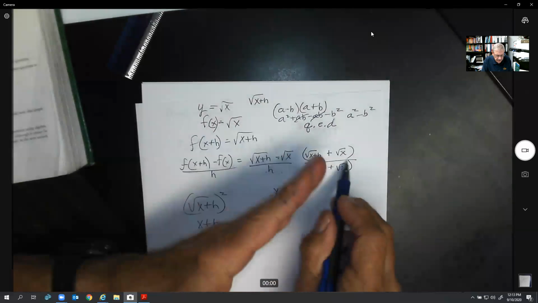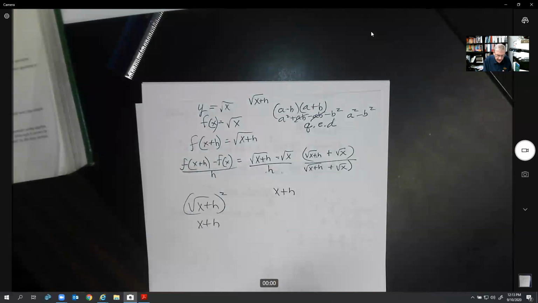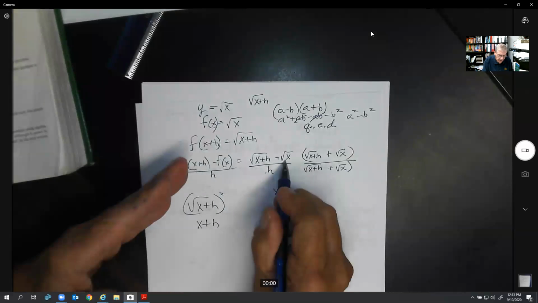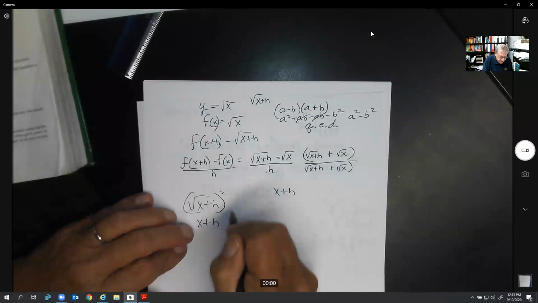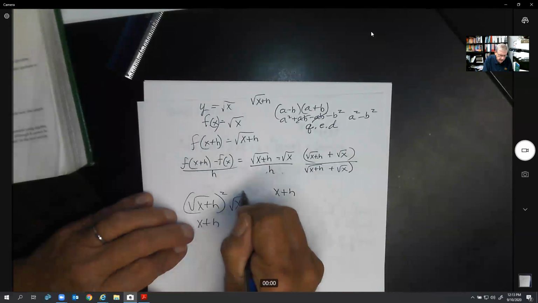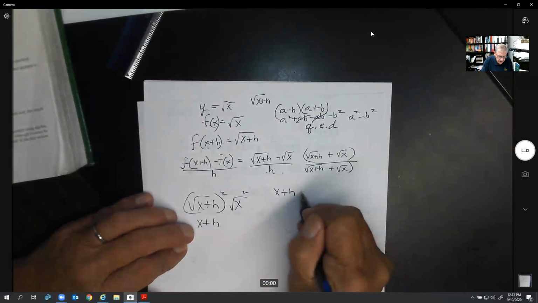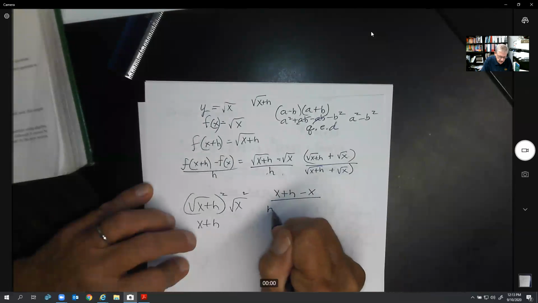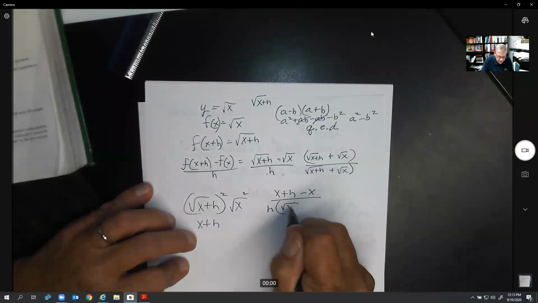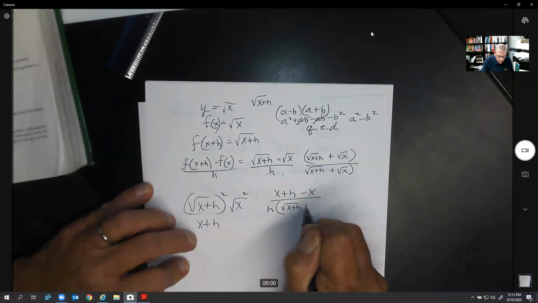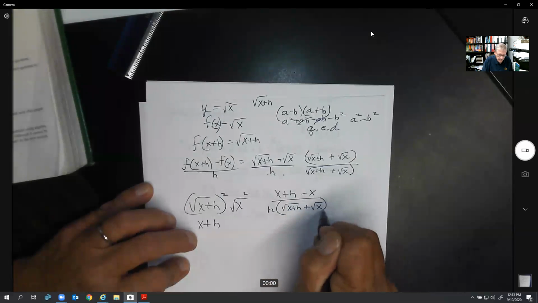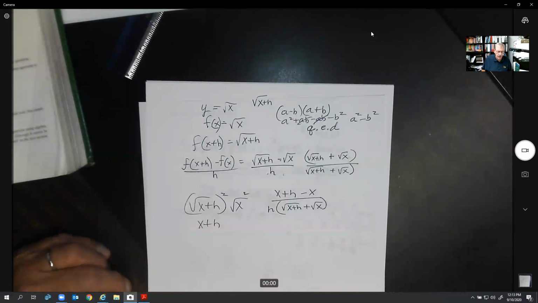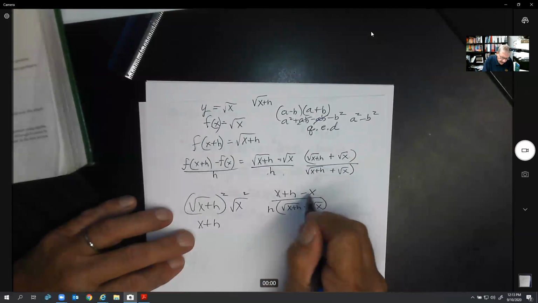Then we could do the outside and the inside, but they're going to cancel. And then we do the last term times the last term, and that's radical x squared, which is minus x, over h times this whole big mess. But watch what happens here. X minus x, gone.